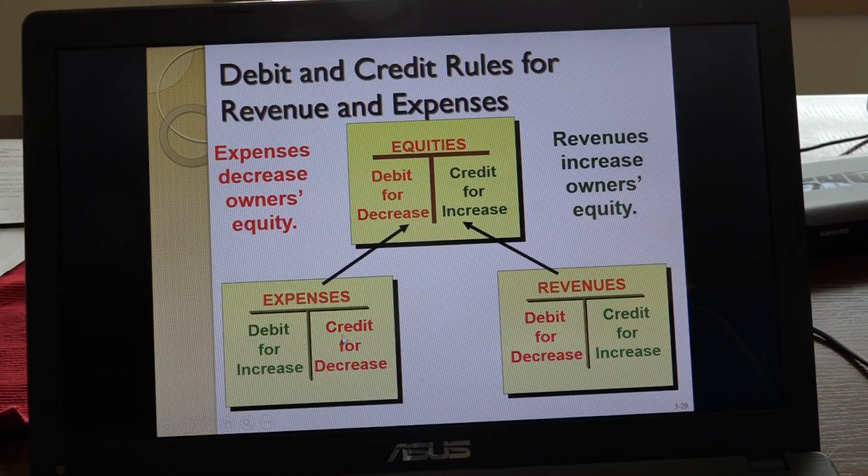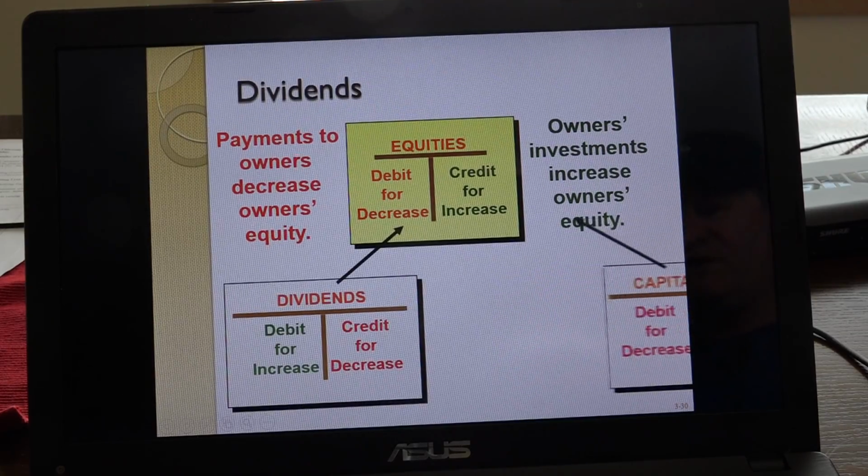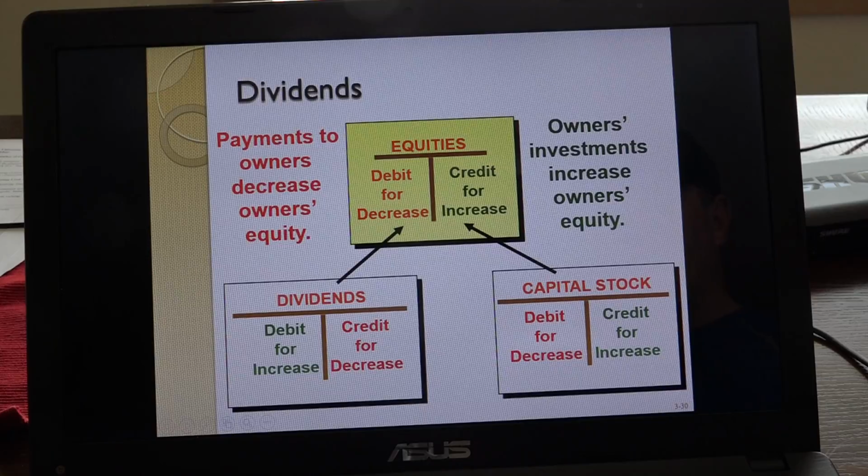Expenses decrease owner's equity, and so it has as its normal balance a debit balance. Even though you have an increase in the expense account, it decreases owner's equity. Dividends decrease owner's equity.